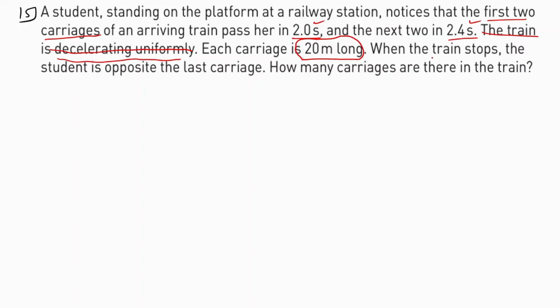So we need to find when the train stops. The student is opposite the last carriage. How many carriages are there in the train? So the person is standing over here, the train is going past her, passing like this. So we need to find how many carriages are in the train.